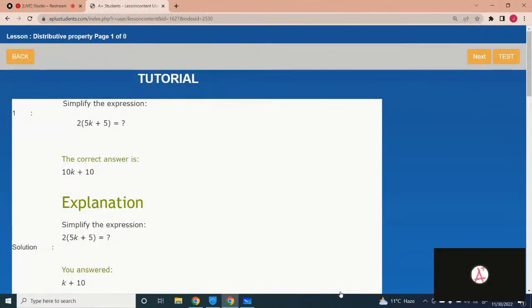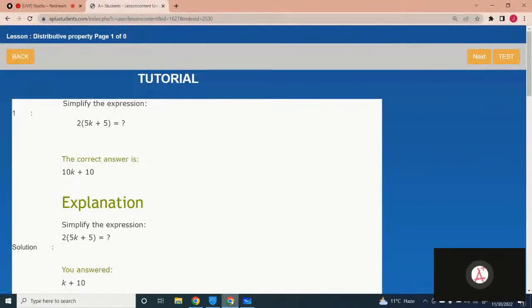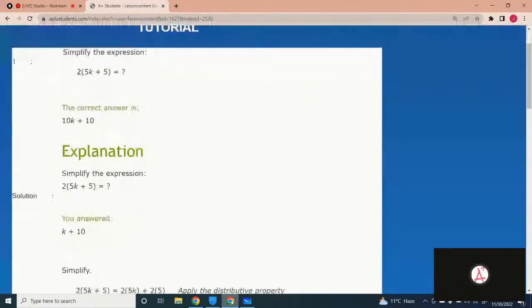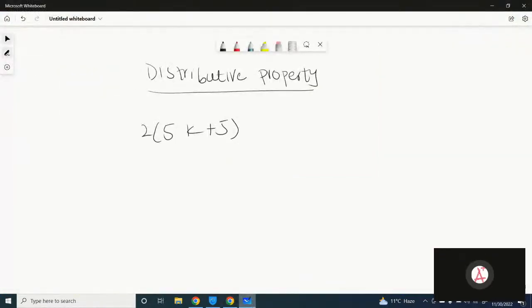Okay, so let's start with the first example. That would be 2 times 5k plus 5. The question is simplify the expression. Basically, we're going to apply the distributive property. Distributive property means the number 2 written outside the bracket is multiplying with both the numbers.